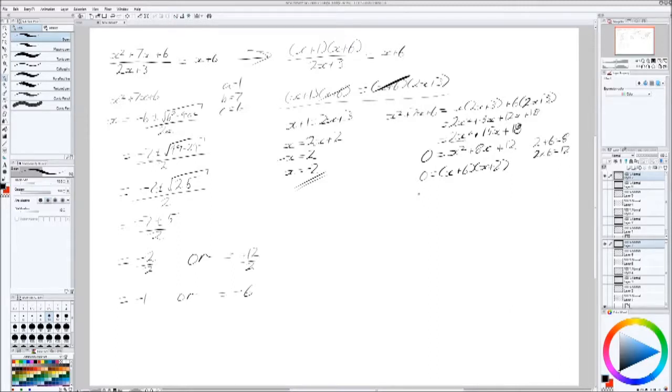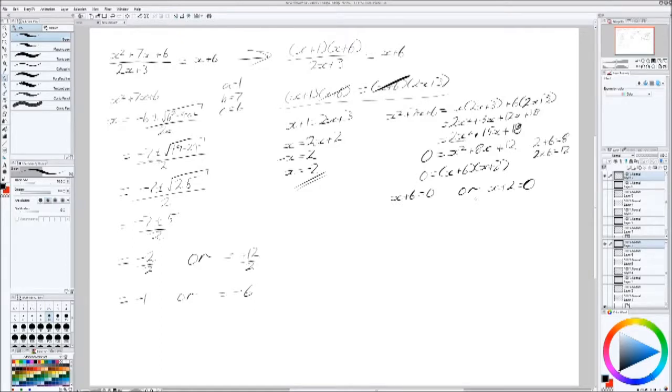However high the power is, that's how many answers you can possibly get. And so we end up getting x plus 6 equals 0, or x plus 2 equals 0, because in one case we've divided both sides by x plus 2, but 0 divided by anything is still 0. And then we have x plus 2, in which case we've divided both sides by x plus 6.